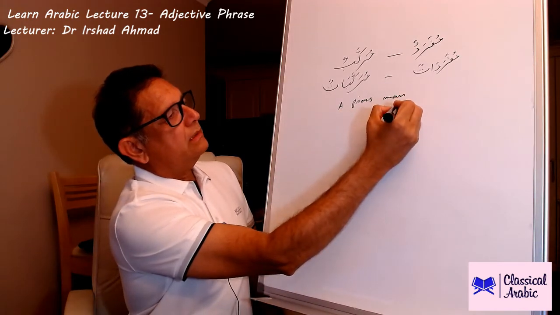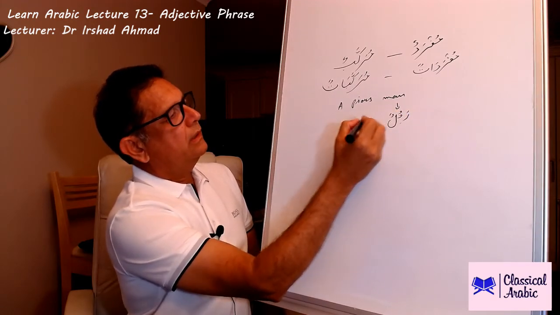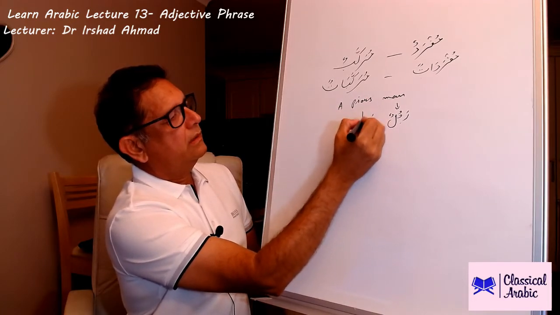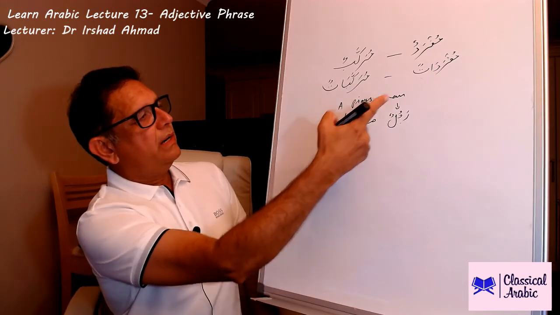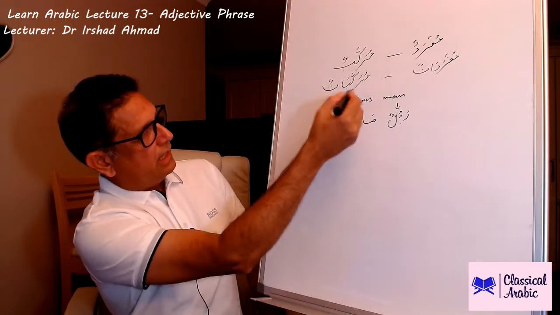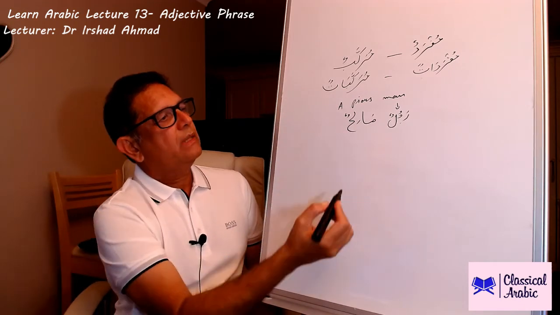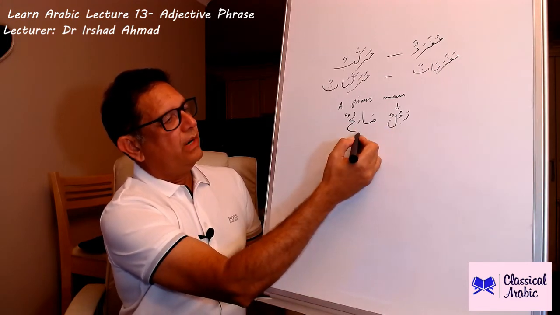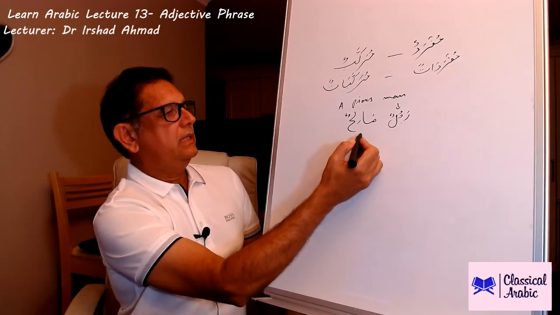So man is rajulun, a man, and righteous, salihun, a pious man, or a good man, we can say as well, good as in righteous or pious. So rajulun salihun. Now this is muzakkar, wahid, in rafa, and it is indefinite and indefinite.